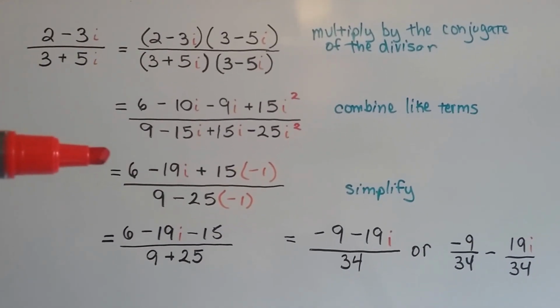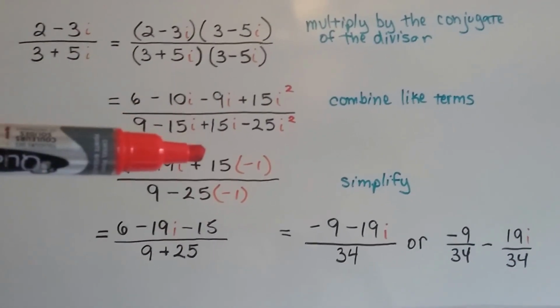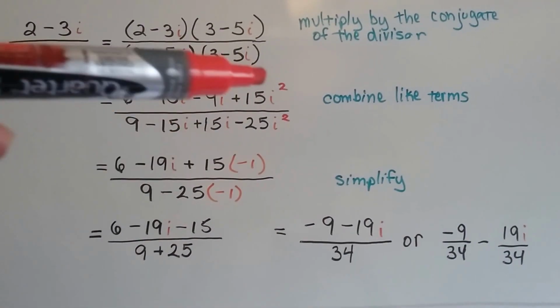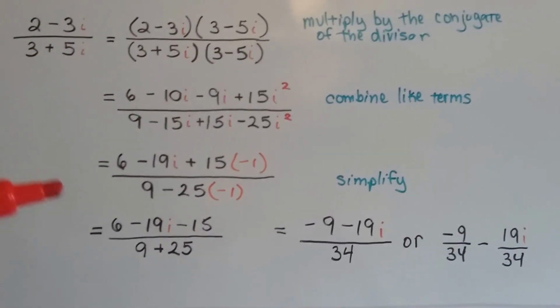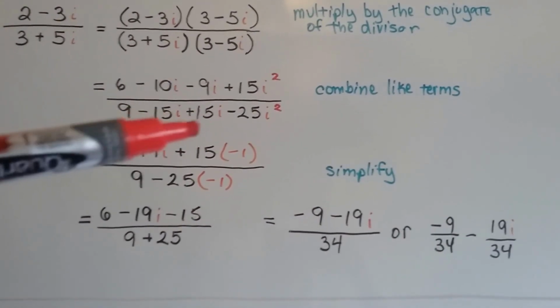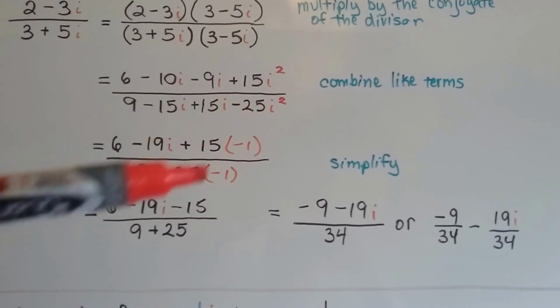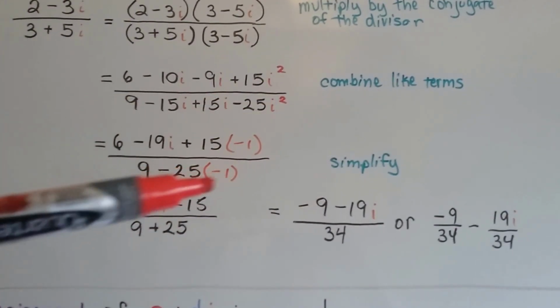We end up with 6 minus 19i plus 15 times a negative 1, because that i squared is a negative 1. And we get 9 minus 15i plus 15i, and they cancel each other out as a 0 pair. Additive inverses, right? Minus 25i squared, which is a negative 1.